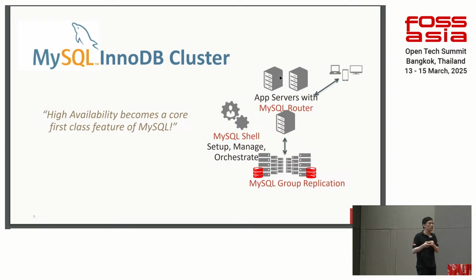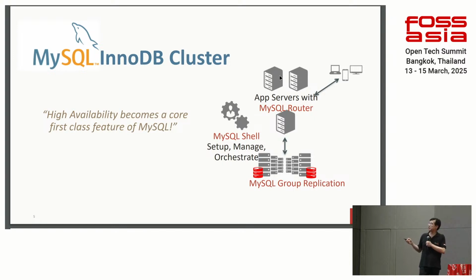There's one interface we call DBA. The DBA interface is dedicated to InnoDB Cluster. You can use the DBA interface to create a cluster, add a node to the cluster, do failover, and do any kind of operation, such as backup. You can use MySQL Shell to do that.